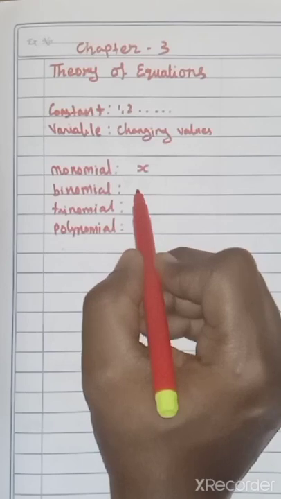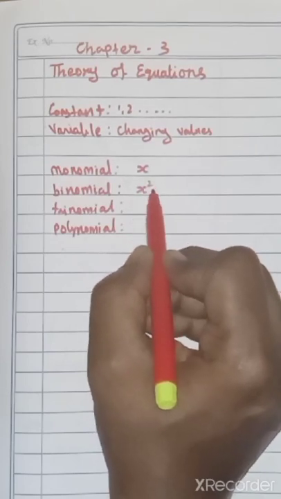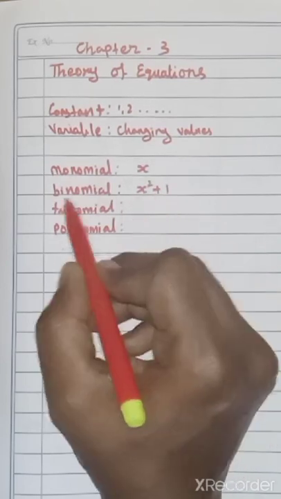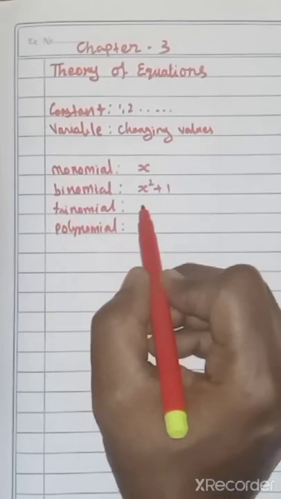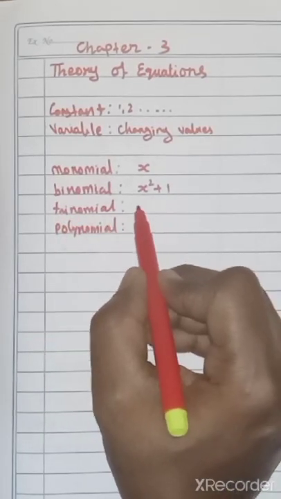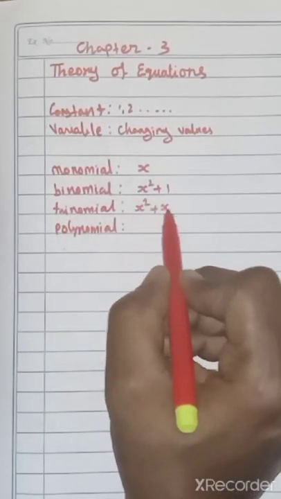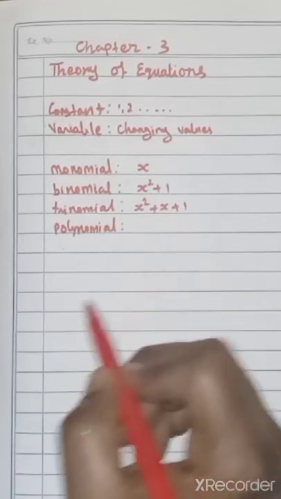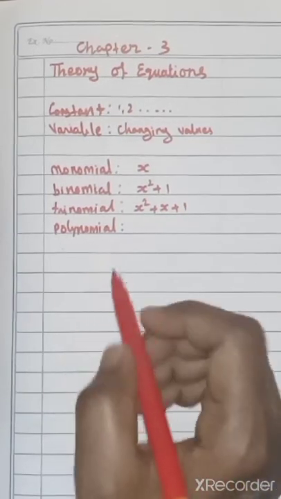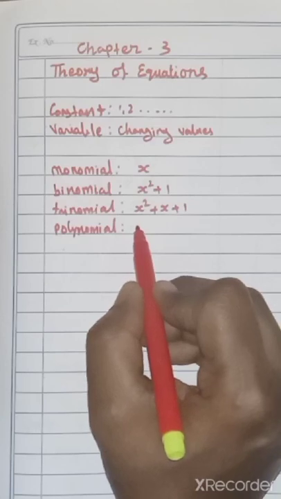Binomial means two terms will come. Correct? So x square plus 1. If two terms will come, then it is called binomial. Trinomial means three terms will come. So x square plus x plus 1, three terms will come. And what is meant by polynomial? Polynomial is more than three terms.